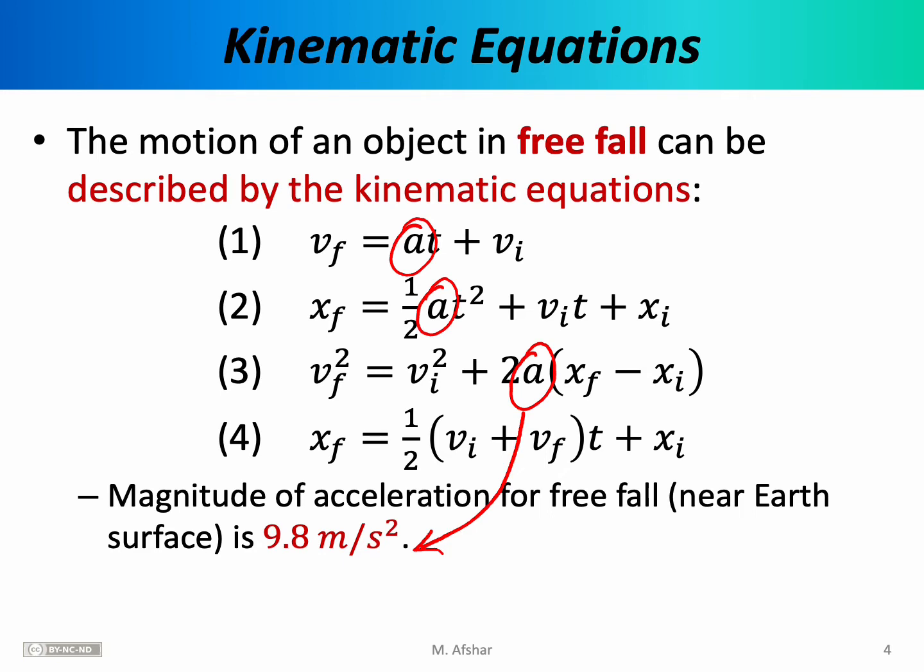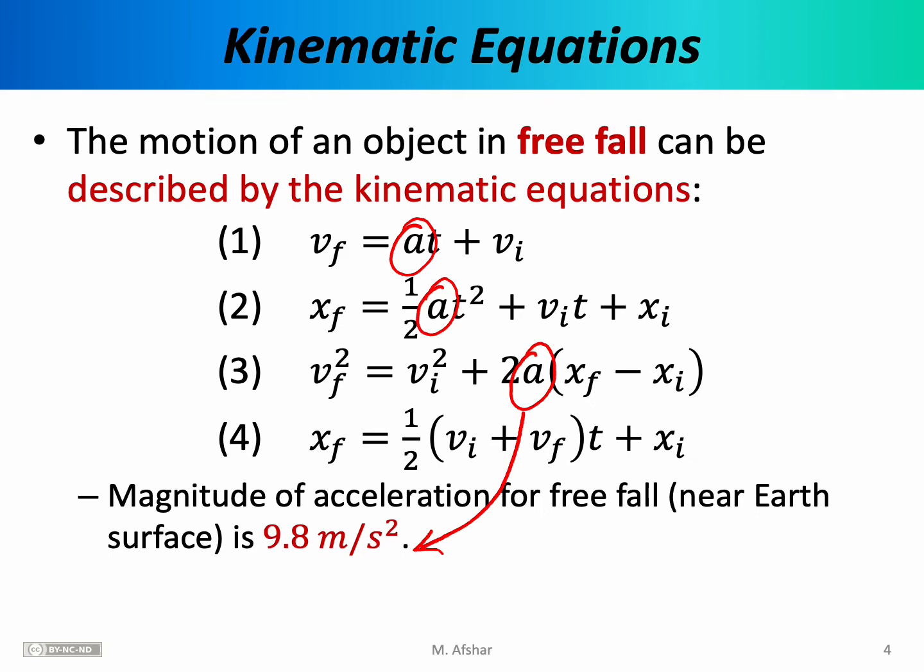If you were analyzing the motion of an object in free fall on the moon or Mars, you would have to use the acceleration appropriate for that planet. Eventually, we'll talk about how you calculate this number for other planets. But for now, we'll keep everything on planet Earth, where the acceleration is 9.8 meters per second squared.